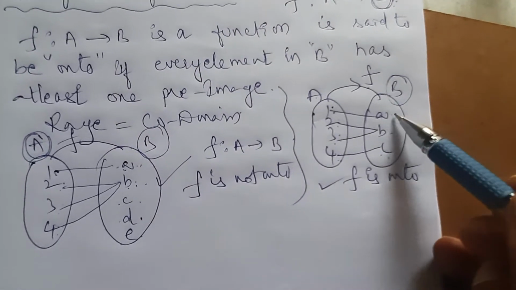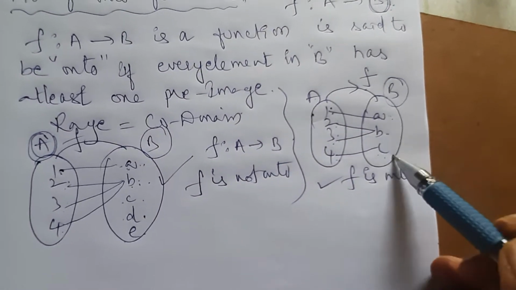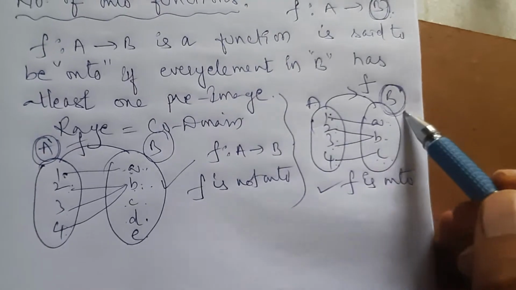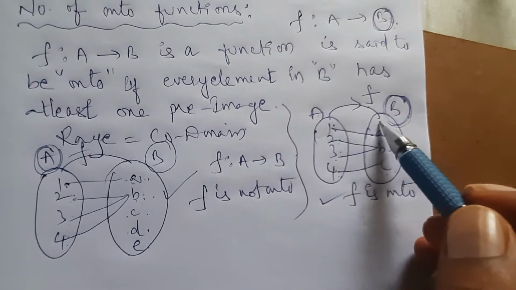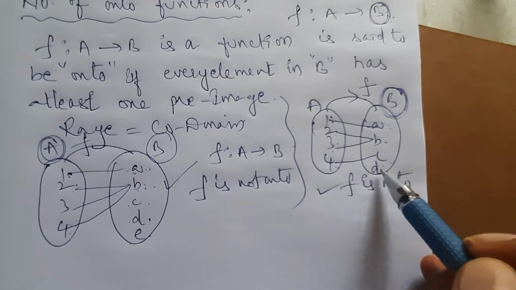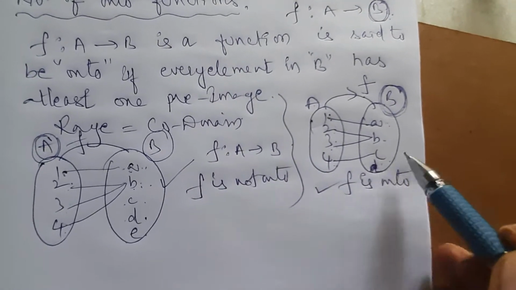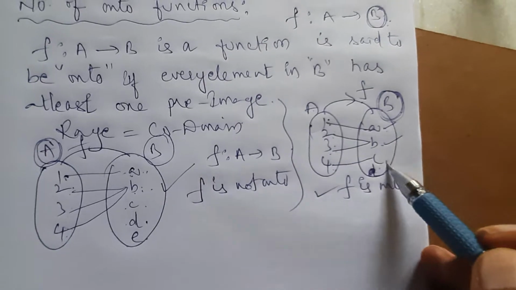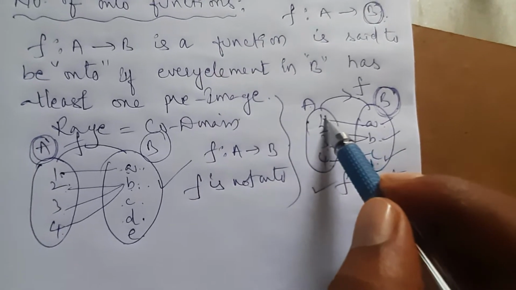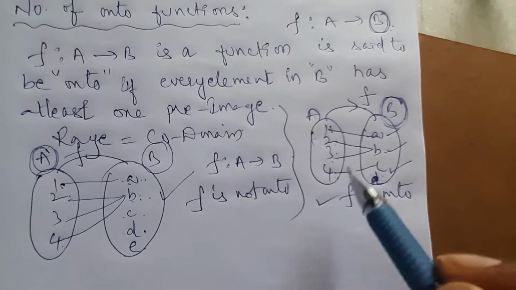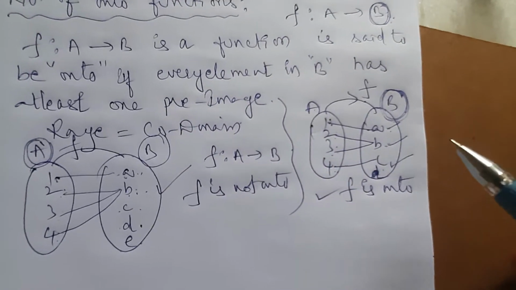So onto means each and every element in the set B has at least one pre-image. If you leave out one element like this, then this is not onto. So onto means every element in the codomain has at least one pre-image in the domain. Then only we can say that it is an onto function.